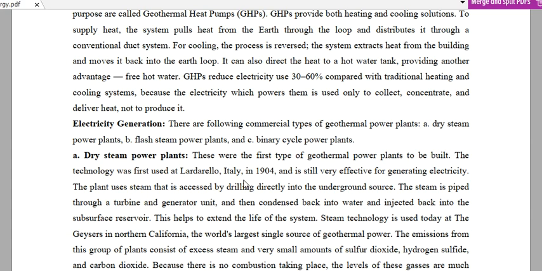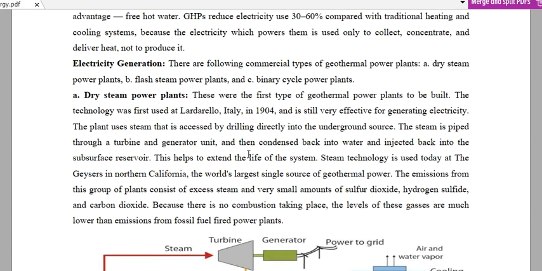The plant uses steam that is accessed by drilling directly into the underground source. The steam is piped through a turbine and generator unit and then condensed back into water and injected back into the subsurface reservoir. This helps to extend the life of the system.